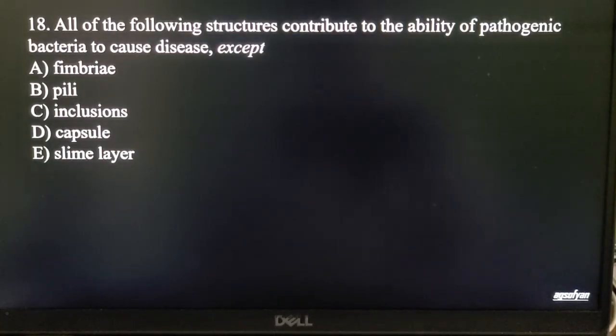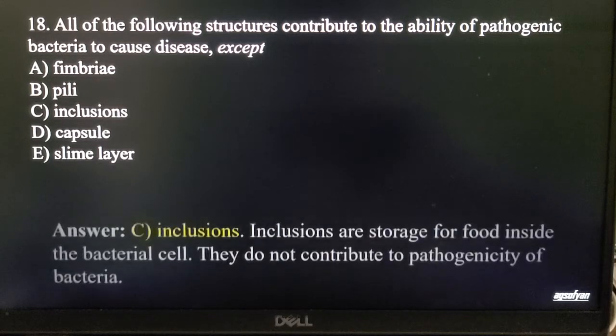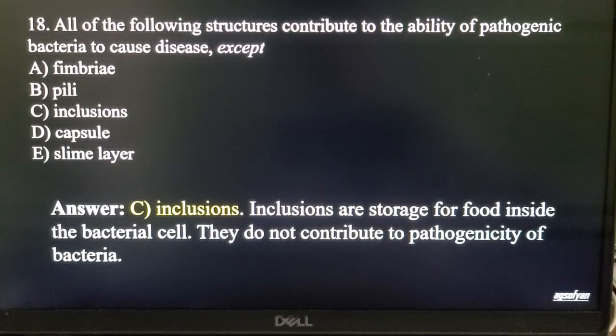Okay, number 18. All the following structures contribute to the ability of pathogenic bacteria to cause disease except: fimbriae, pili, inclusion, capsule, and slime layer. Choose your answer. Yes, the answer should be inclusion. Inclusion is not a pathogenic structure.